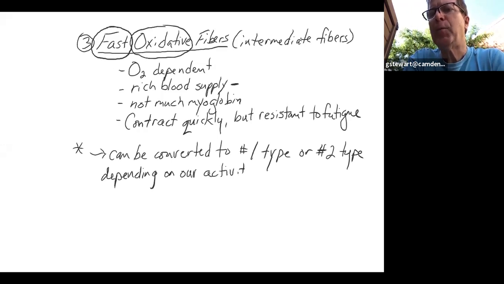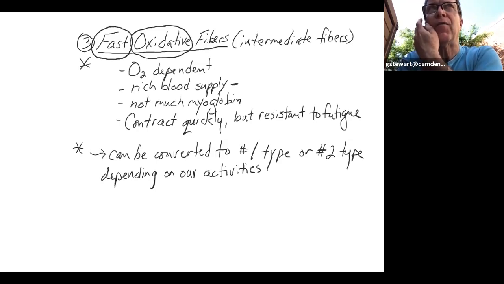So it is possible to change, especially these fast oxidative fibers, it is possible to change our muscle fiber type based on our activity.